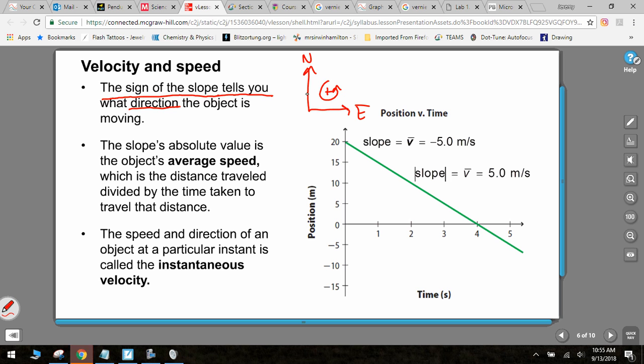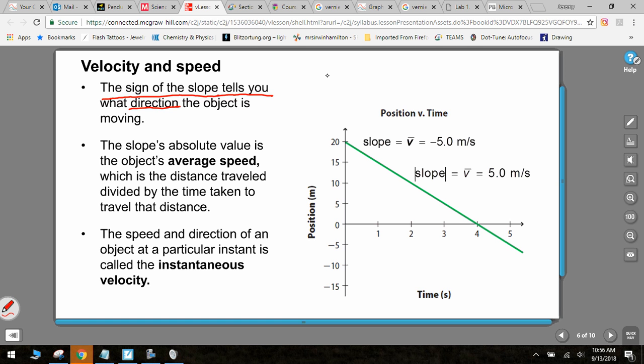North and east, up and right, counterclockwise, all positive. Okay? So, like in our lab, positive meant moving away from the wall. If I had a positive slope, it meant I was moving with some speed away from the wall. If I had a negative slope, it meant I was moving with some speed towards the wall.